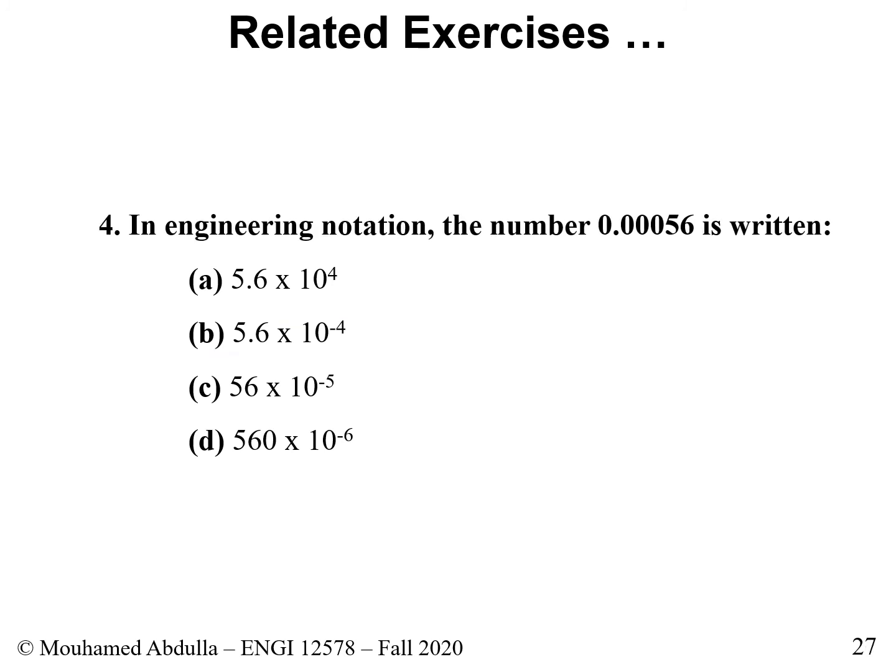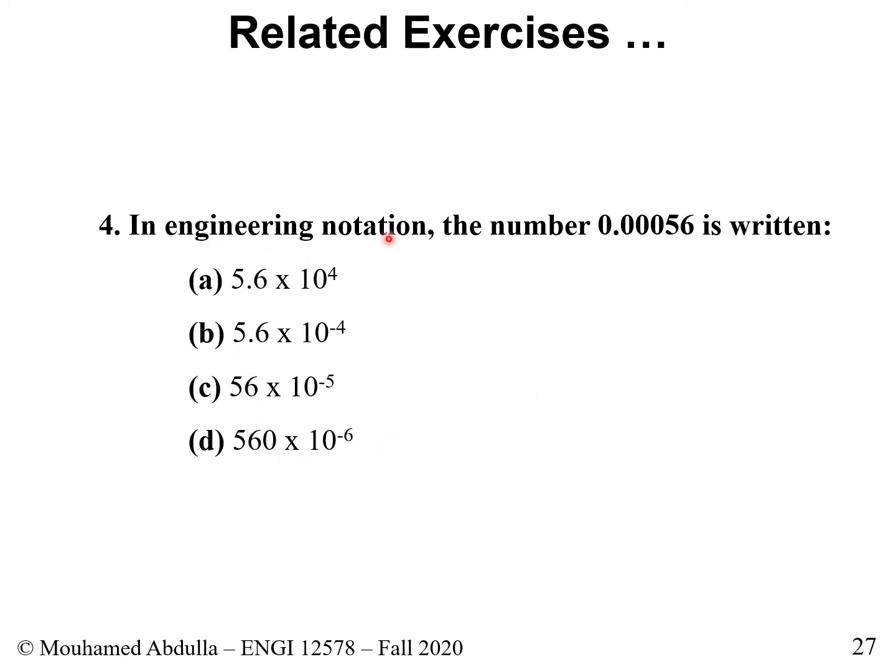Question number 4, in engineering notation, the number 0.00056 is written as which one? So in engineering notation, we want something in the format of A times 10 to the B, where A is any number between 1 but less than 1,000. So they all work in that regard, so that's fine.